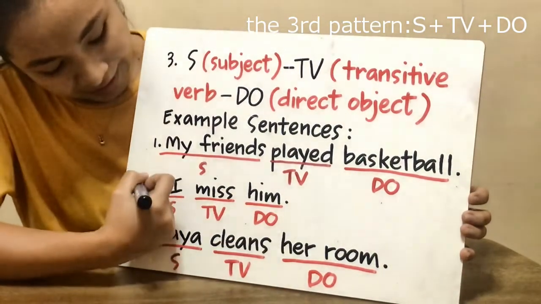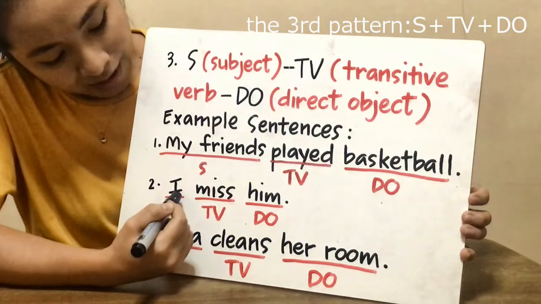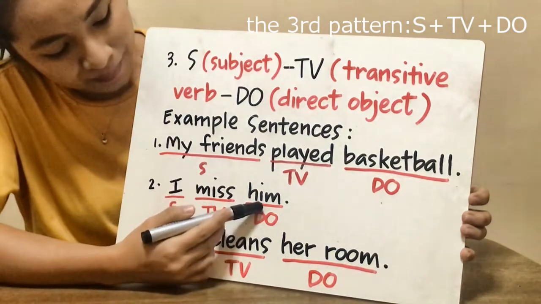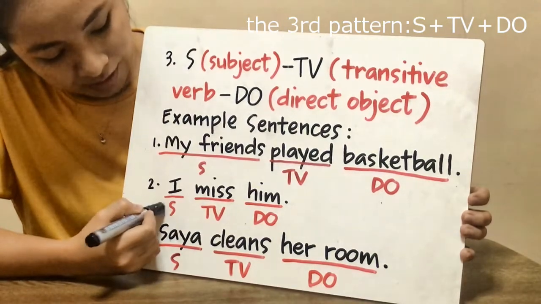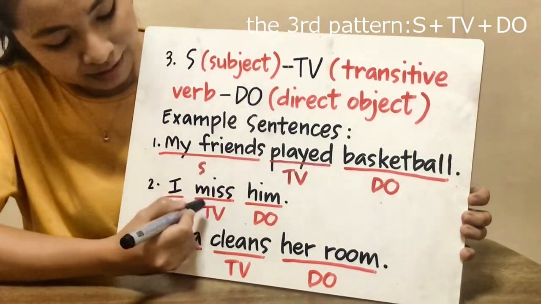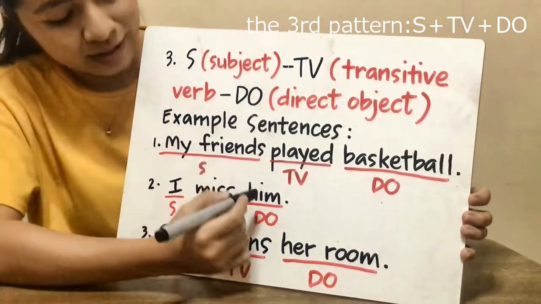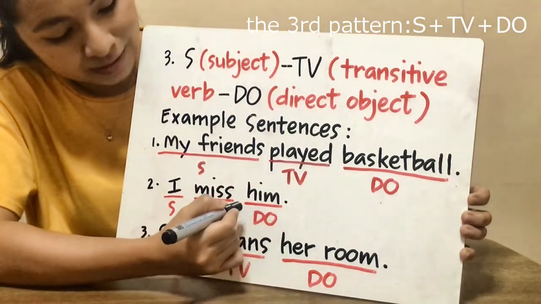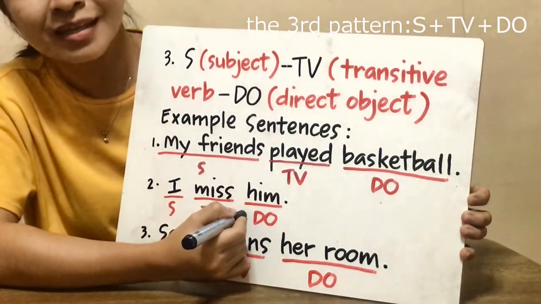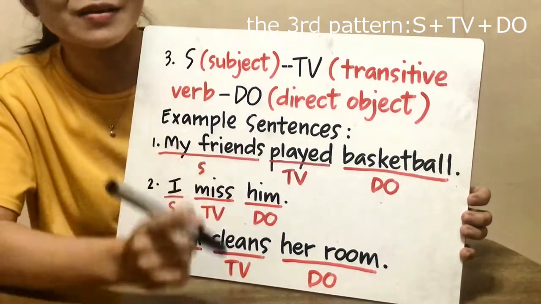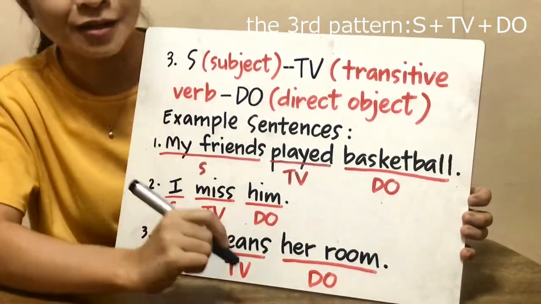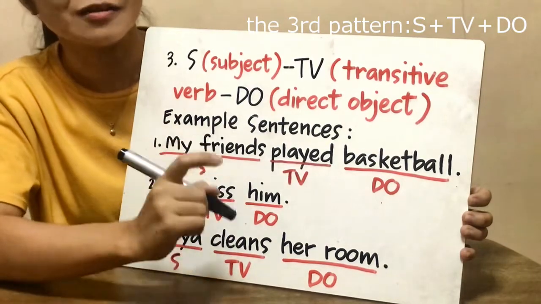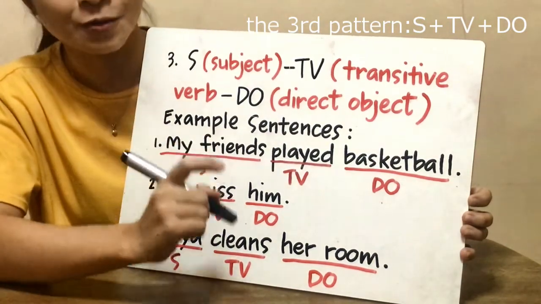Second sentence, we have, I missed him. So I is your subject, miss is your transitive verb and him is your DO. So in this case, we can use the question who. I've mentioned a while ago that you can use the questions what or who, right?